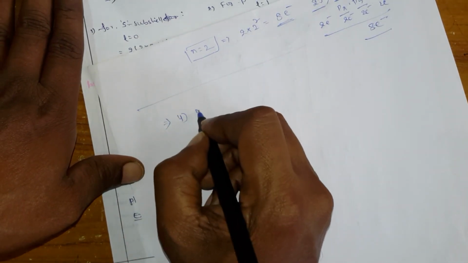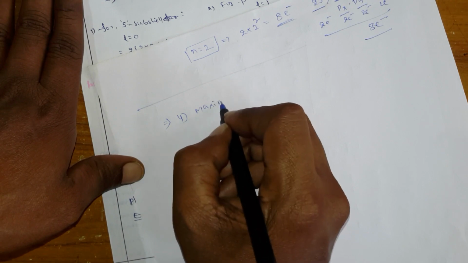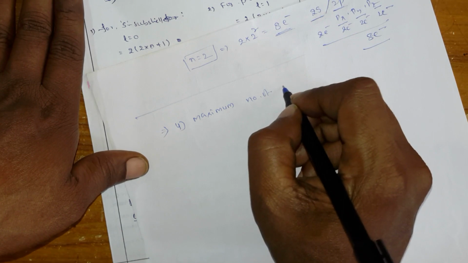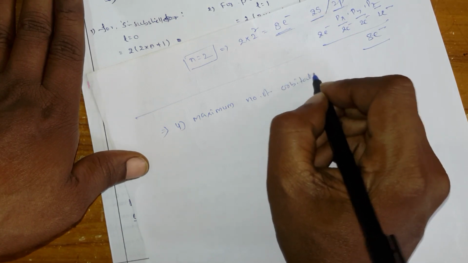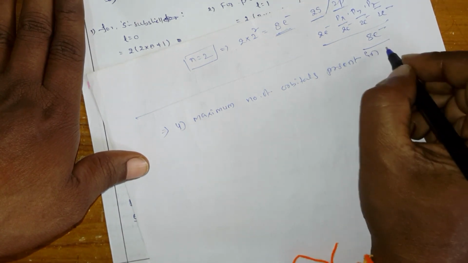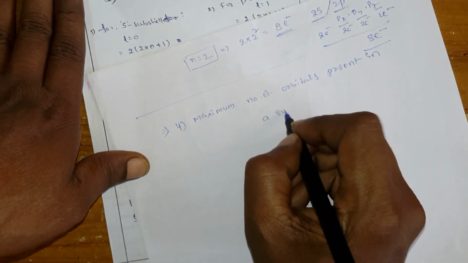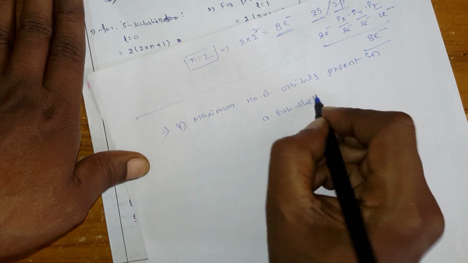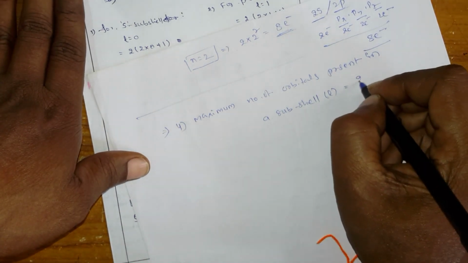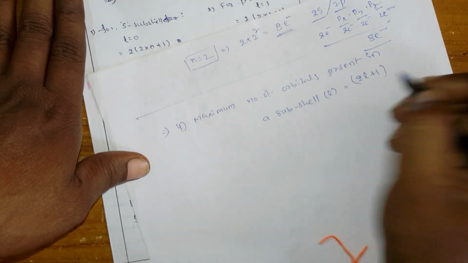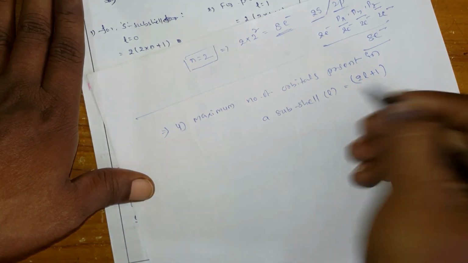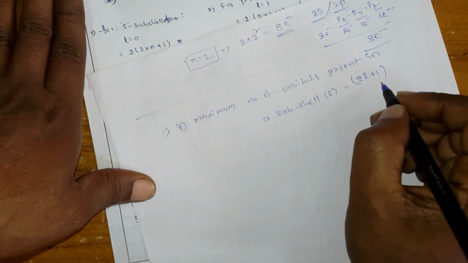The fourth principle, that is the maximum number of orbitals present in a subshell. Earlier we saw it in an orbit, now you are in the subshell.